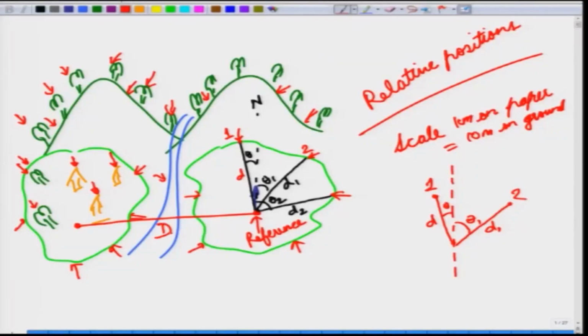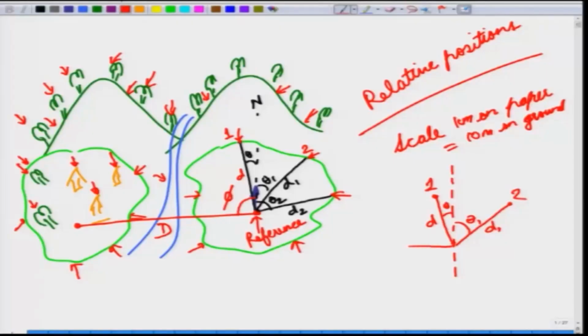So, what we are saying in that case is that you first decide on the first reference point and you mark the second reference point by taking this distance d and also measuring the angle. Let us say that this angle is phi with the north. So, that if you have to represent it on the piece of paper, you can directly represent it as you have this point at a distance d and making the angle phi.